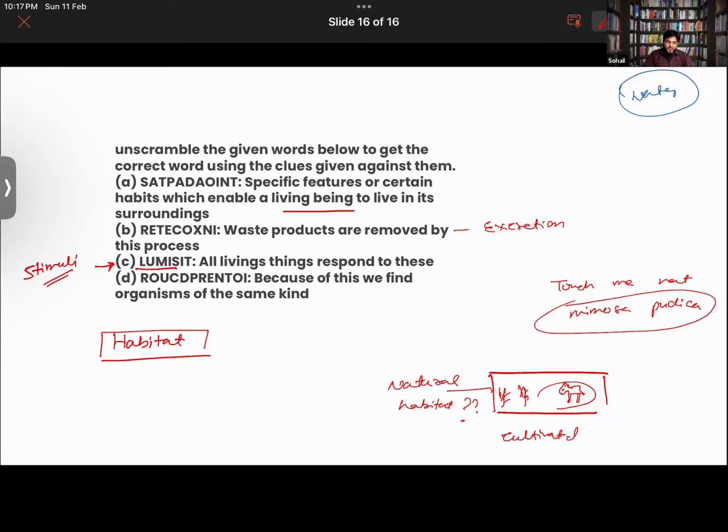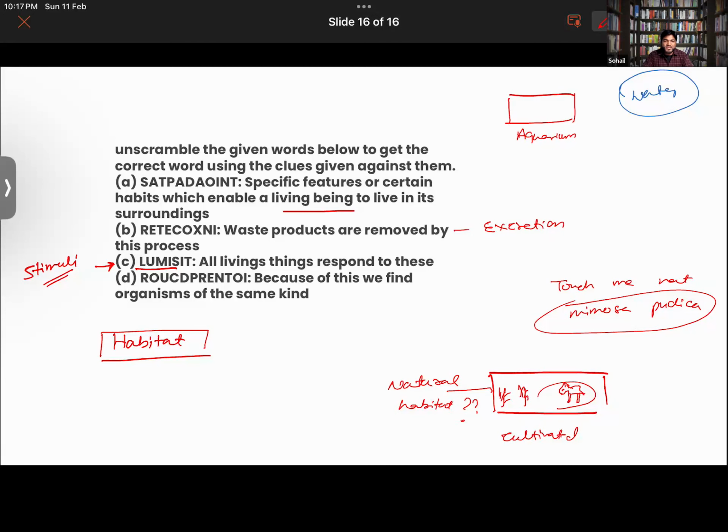For example, you take a fish in the aquarium. If you place a fish in the aquarium, it does not mean that it is its habitat. Its habitat is actually the natural water bodies, like ponds, lakes, rivers, oceans.